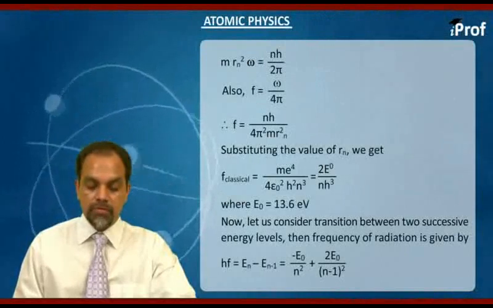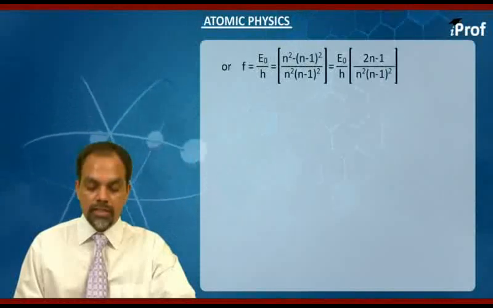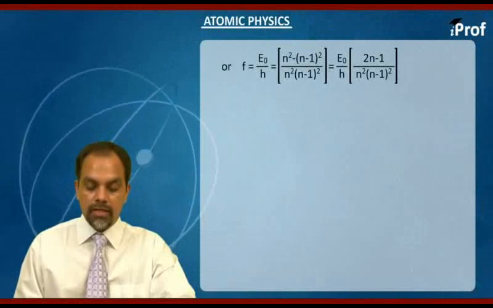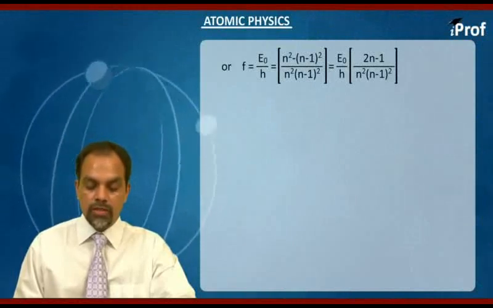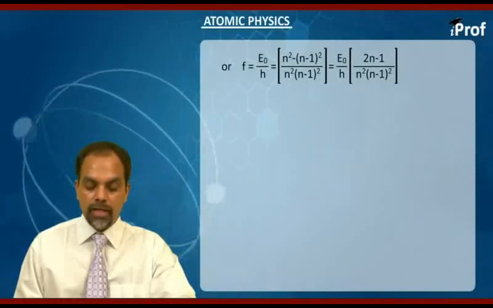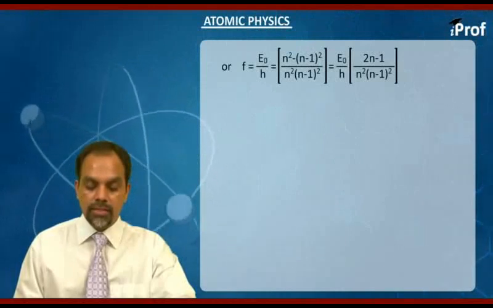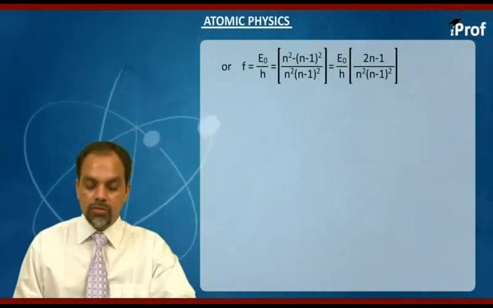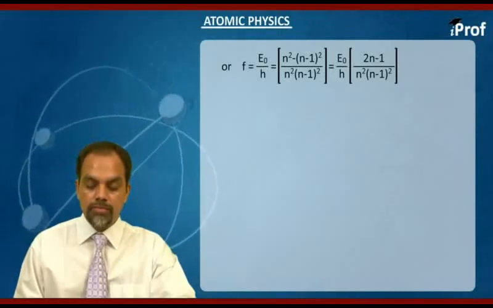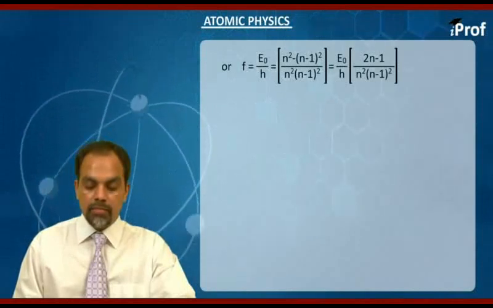So we get the expression for frequency, f equal to E naught divided by h in square brackets, numerator n squared minus (n minus 1) whole squared, divided by the denominator n squared into (n minus 1) whole squared, which on simplification gives f equal to E naught by h, numerator 2n minus 1, divided by n squared multiplied by (n minus 1) whole squared.